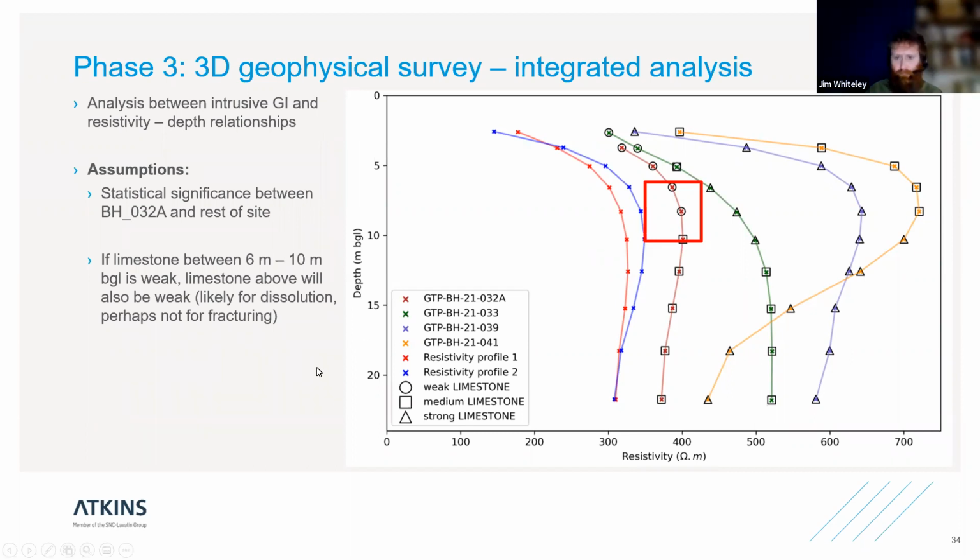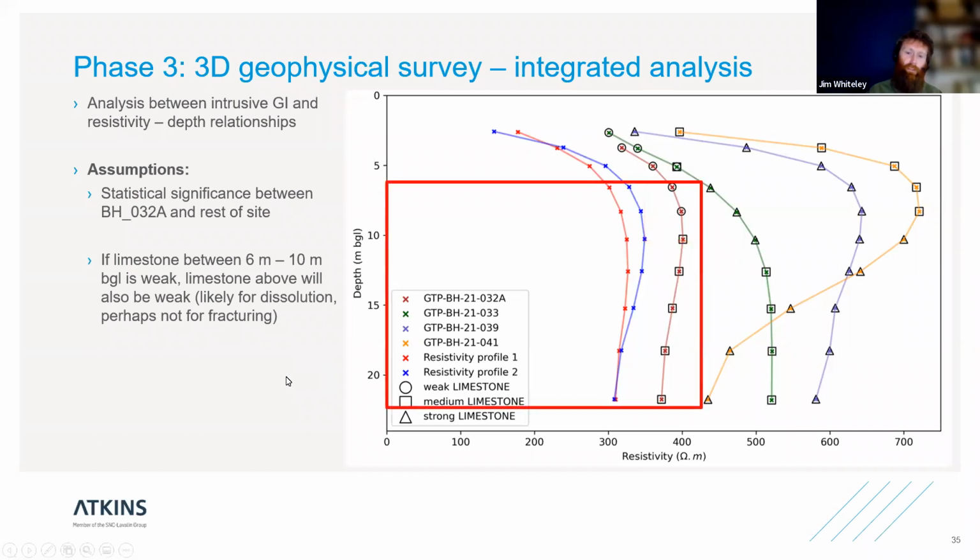Okay, and then we said, using conventional resistivity theory, we would understand that if you've got weaker limestone occurring at low resistivity values, we can probably extend that area to being anything from about 420, 450 ohm meters down to 0, because it's incredibly unlikely, or at least we couldn't think of a physical scenario where you would have competent limestone that would have resistivities higher than anything you would see as the weakest values recorded on site.